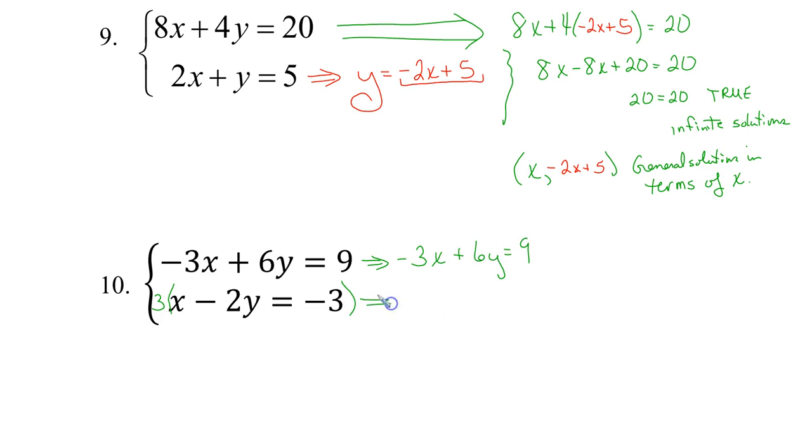And the second equation becomes positive 3x minus 6y equals negative 9. I add these two equations together, and what happens is negative 3 and positive 3 go away, 6 minus 6 goes away, and I have 0 is equal to 0.